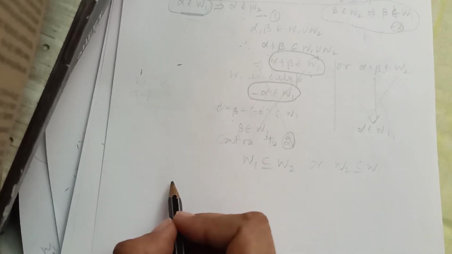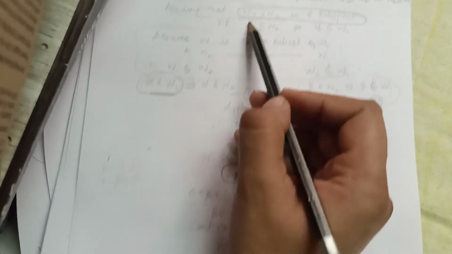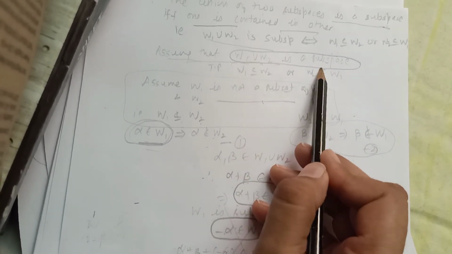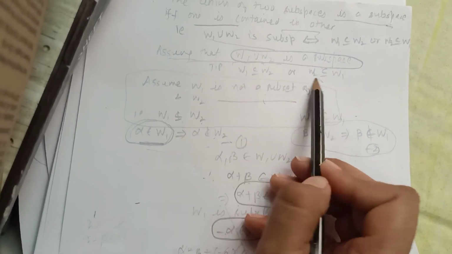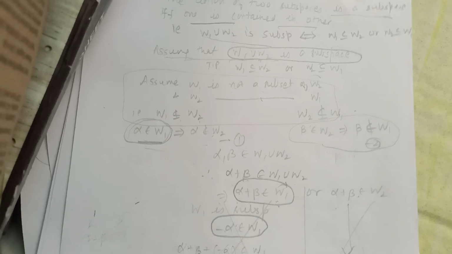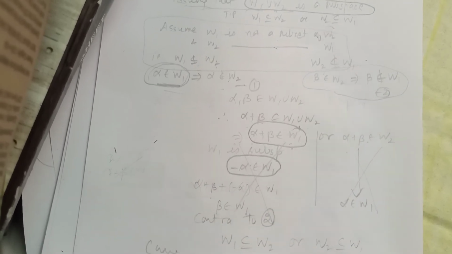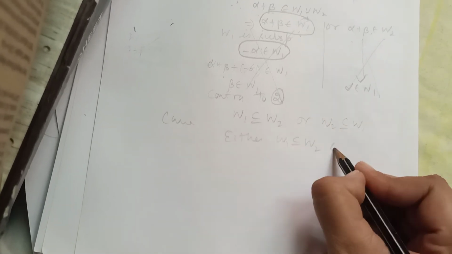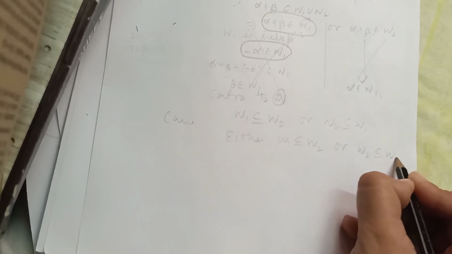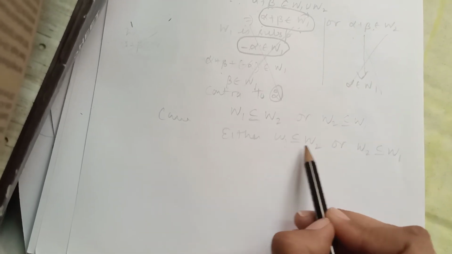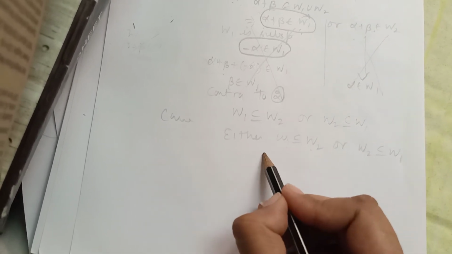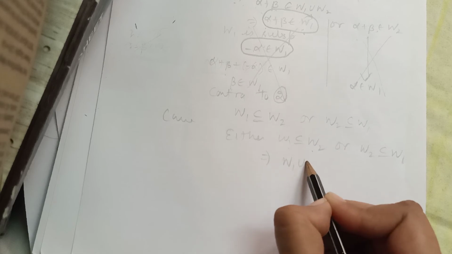Now let us prove the converse. Now we had assumed W1 union W2 is a subspace, and we have proved this thing. Now conversely, let us assume either W1 is contained in W2 or W2 is contained in W1. If W1 is contained in W2, then what would happen to W1 union W2?